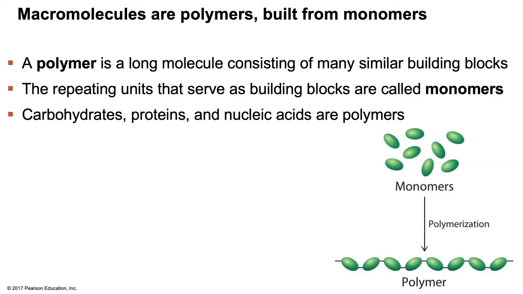In this case, the polymers are the macromolecules: carbohydrates, proteins, and nucleic acids. And just note that lipids, the fourth macromolecule, is not a true polymer because they're not made of repeating monomer units. We'll see that when we get to lipids.